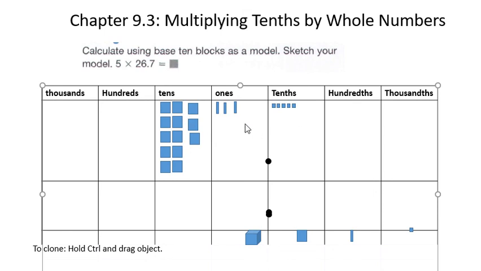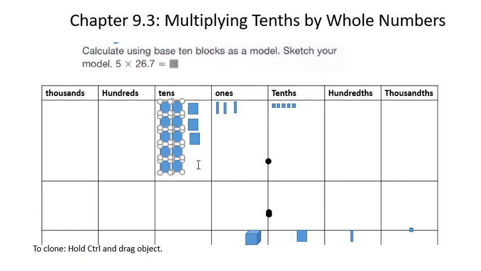It's the same value. So now how many tens do we have? I took my 5 times 26.7, and when I did my 5 times 2 tens, that's 10 tens, and I added 3 more. So that's 13 tens. So once again, I can take 1, 2, 3, 4, 5, 6, 7, 8, 9, 10 tens.